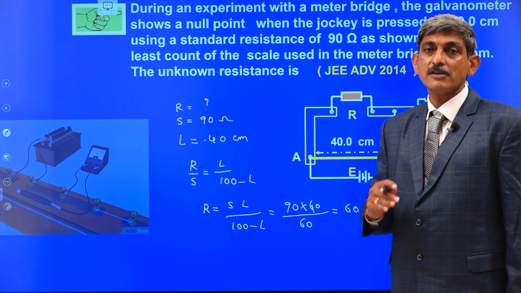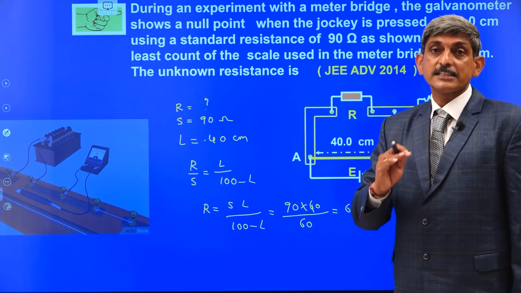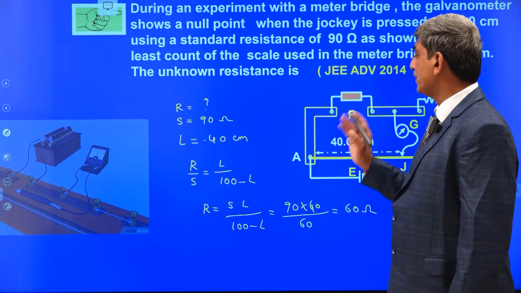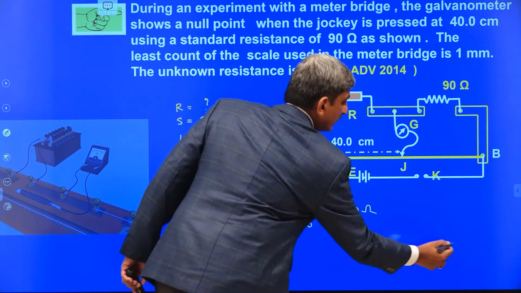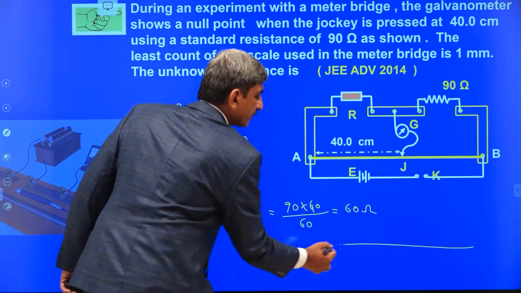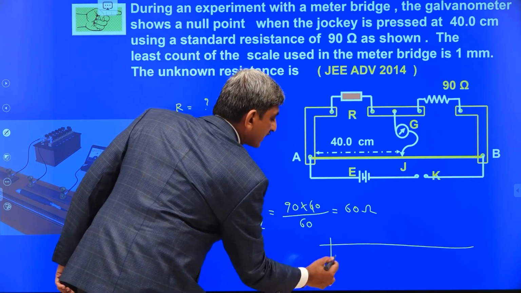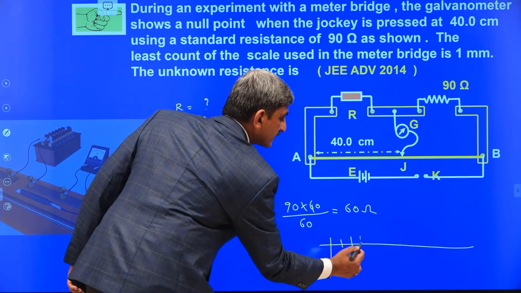Here my question is, why are we getting the errors in the measurement of the resistances using the meter bridge? Here already we know that we are using a scale in the meter bridge which is calibrated in millimeters like this.